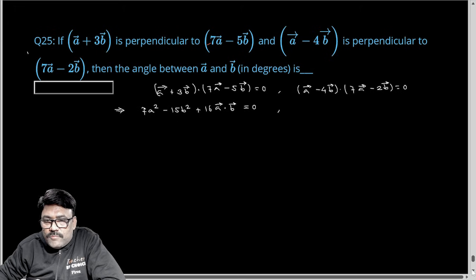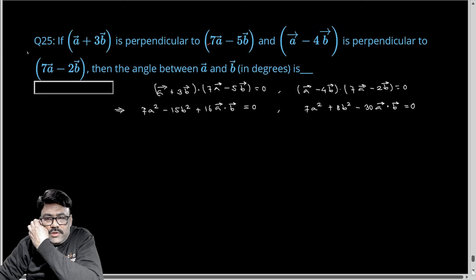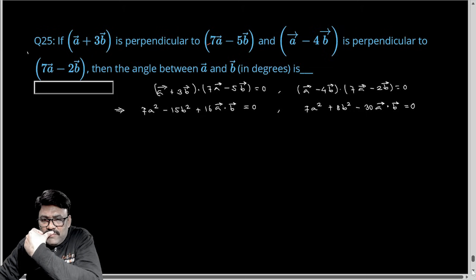Similarly here, 7a square plus 8b square, and then minus 2a dot b minus 28a dot b, so minus 30a dot b, equal to 0.